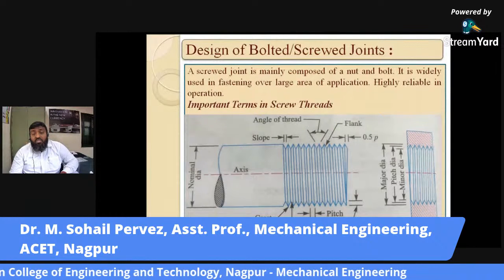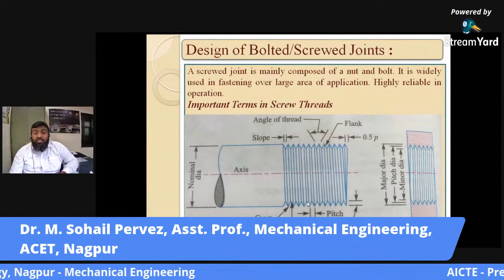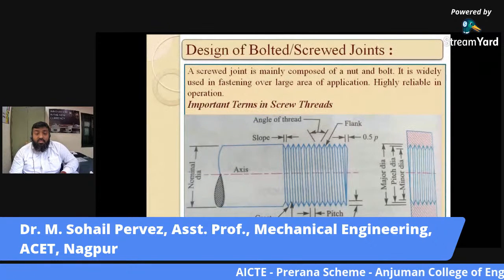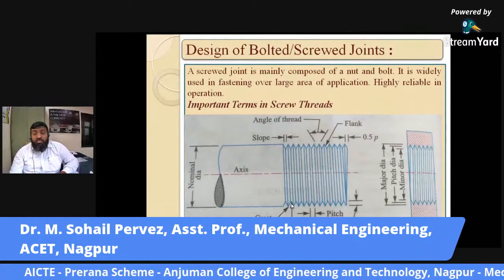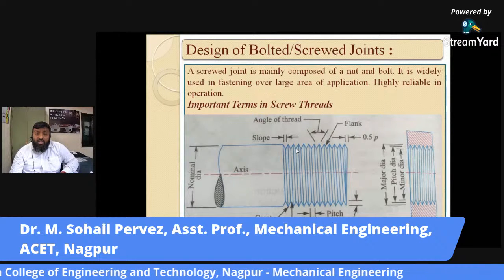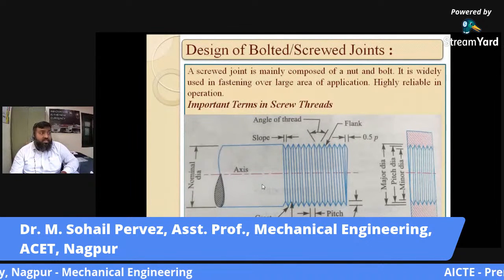The distance between two consecutive crests or two troughs is known as pitch. Crest is the upper tip and the root is the lowest tip of the thread. This one is the flank. This solid portion of the bolt is also known as the shank.